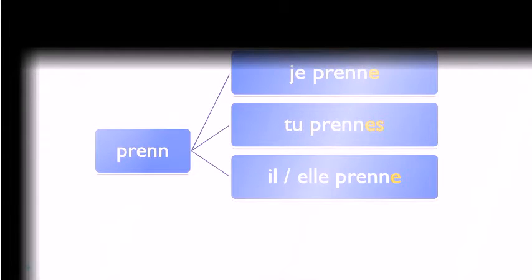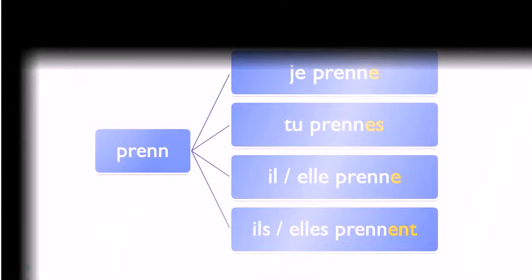The ending for il, elle will be, and the ending for ils, elles at the plural form will be ent, okay? If you look carefully, it's not that strange. I mean, these endings are quite common, and we've been encountering these endings previously. If you think about the present form, then it looks a bit familiar, okay?